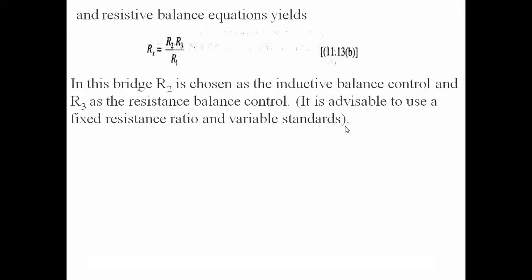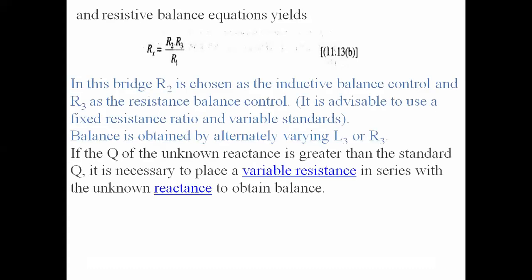Balance is obtained by alternately varying L3 or R3. Here a term is there, Q. Q indicates the quality factor of the capacitor and the inductor. We will study this quality factor in the future, at the end of this unit. We will see what the quality factor is.